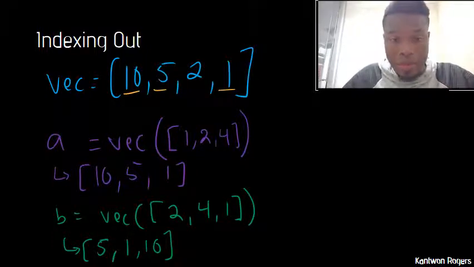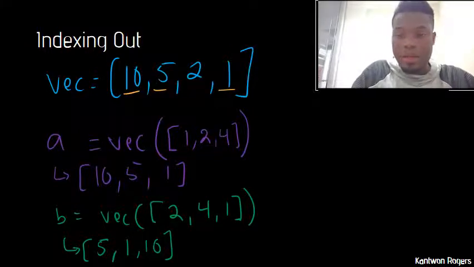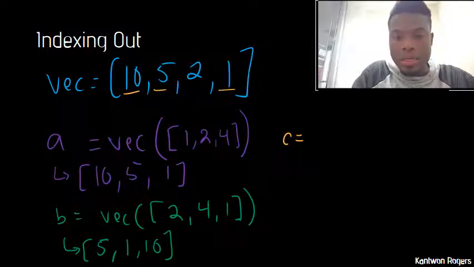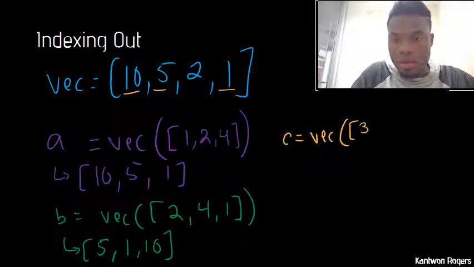And lastly, I can repeat values as well. So let's say I said something like c is equal to vec parentheses 3, 2, 3, 1.